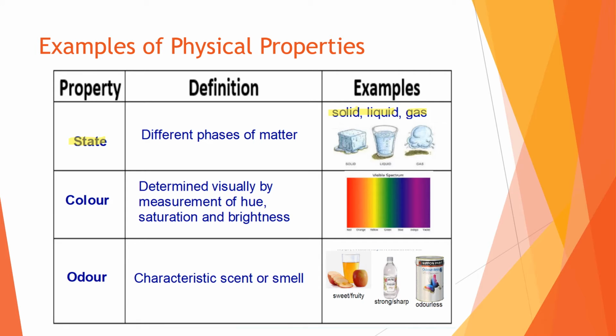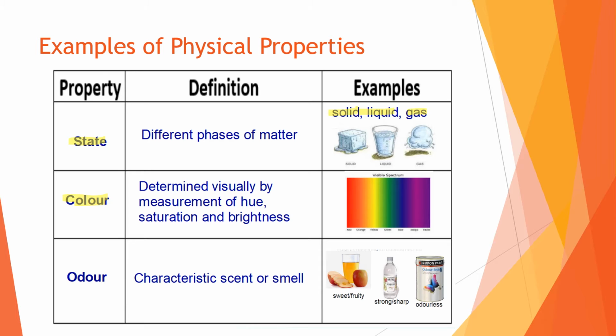Next, we have color, determined visually by measurement of hue, saturation, and brightness. So you'll see as the example we have the visible spectrum of light there. So the visible spectrum is like the colors that we can see. So you'll notice they're like the colors of the rainbow. So we have red, orange, yellow, green, blue, indigo, and violet.